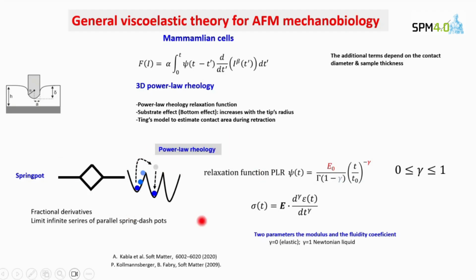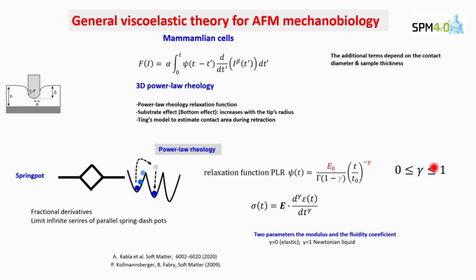Well, there are different ways of deducing this power law. First, what is the power law rheology model? It's a model that has a relaxation function that depends on two parameters: the modulus, which asymptotically coincides with the Young's modulus, and an exponent, which is called the fluidity coefficient.